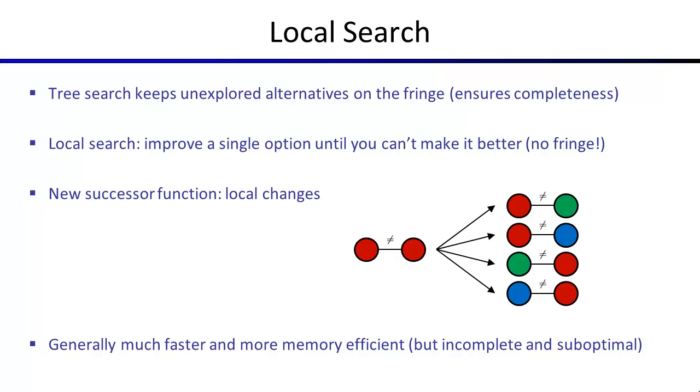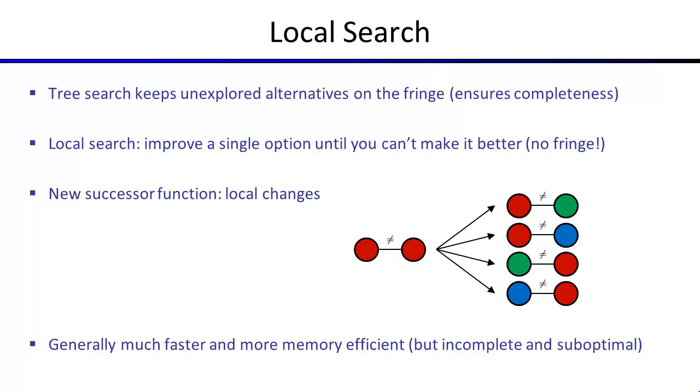Local search, like min conflicts, you've just got some option, you keep improving it until you can't make it any better. No fringe, that means no completeness. You have a new successor function. So instead of the successor function being to move to another state, these are often identification problems, so you take something and you change it. That's a subtle thing, but in context, it's usually easy to see what your successor function would be.